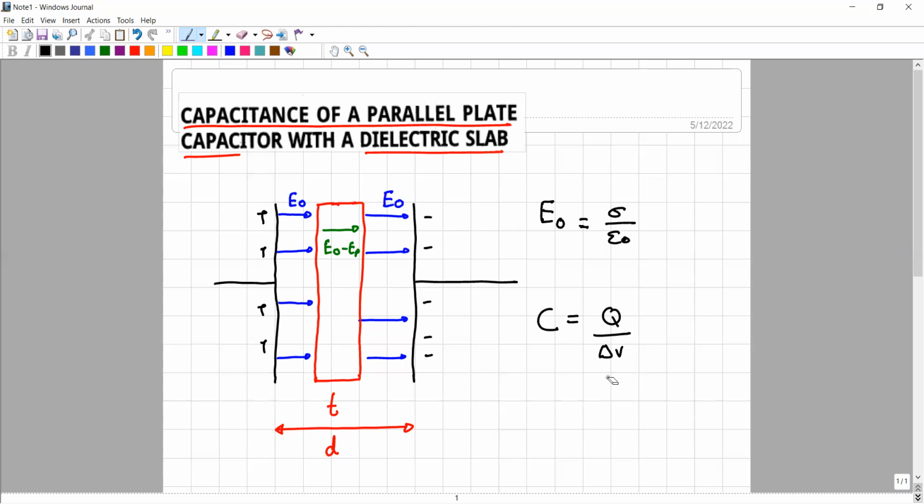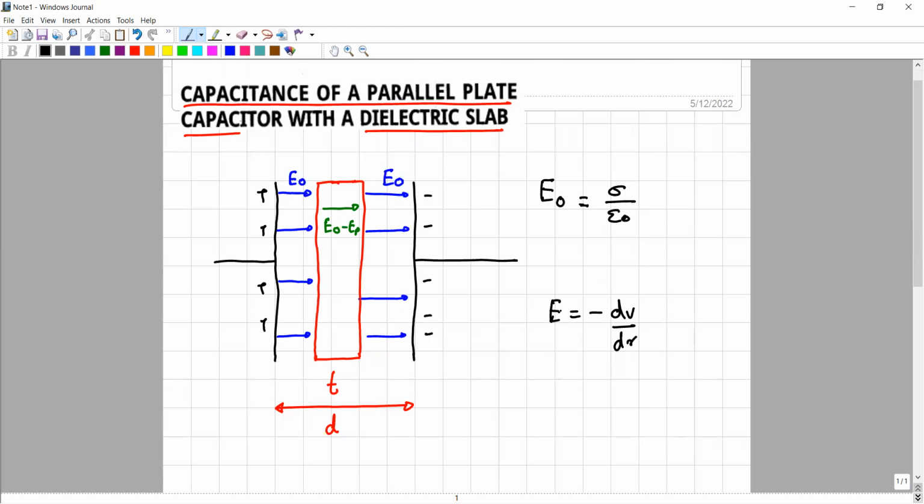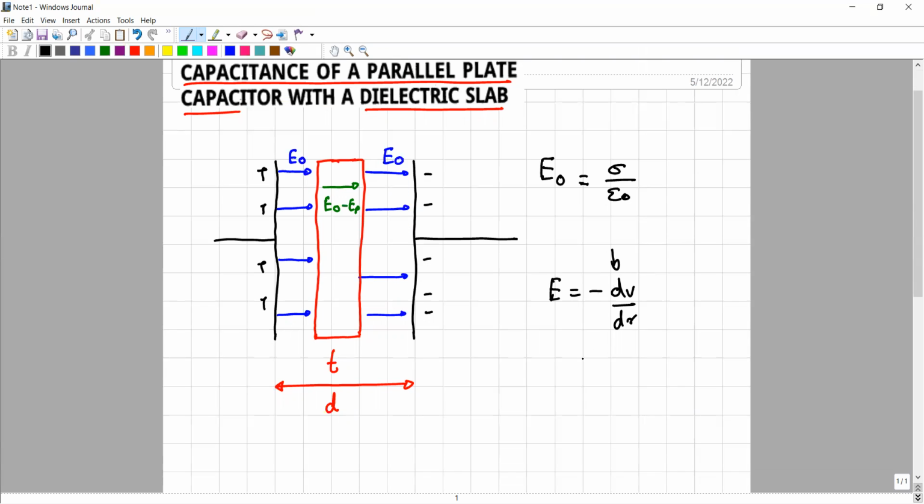You know already from the potential gradient formula, E is equal to minus dV over dr. Now, what was this formula? Potential gradient. It was to find the potential difference between 2 points. dV is the potential difference between 2 points.